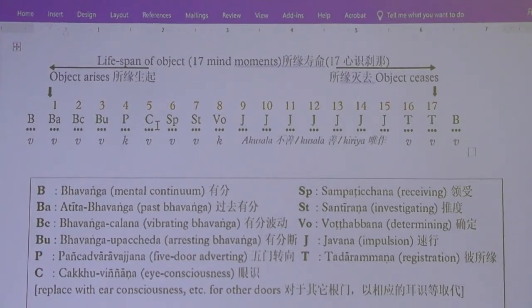But still the object impinges on the eye base and the Bhavanga. That's why Atita Bhavanga and Bhavanga Chalana arise, but the arresting Bhavanga and the five-door adverting consciousness cannot appear, because you are focusing on only one object. Understand? This is practical, to give the meaning.